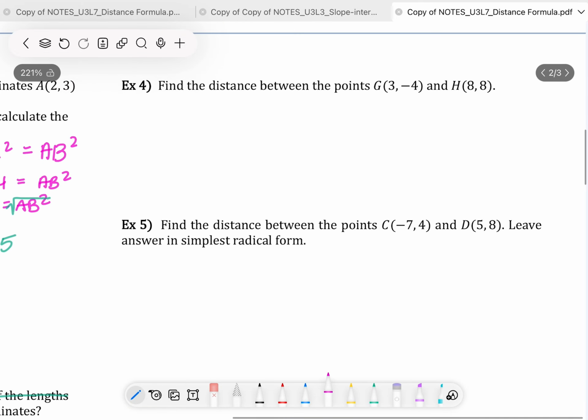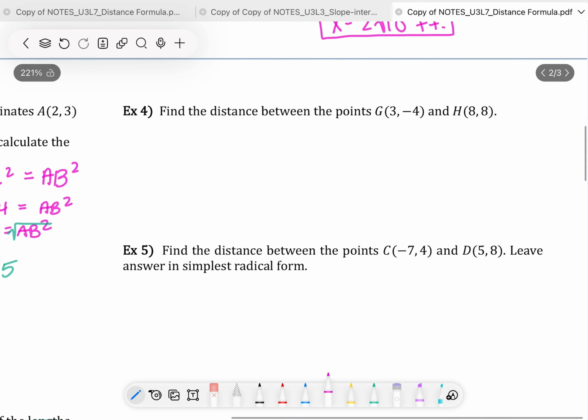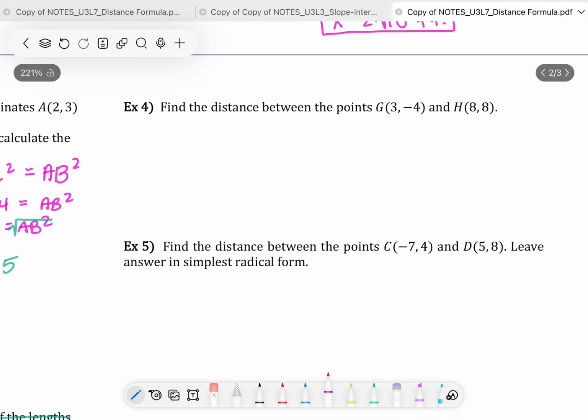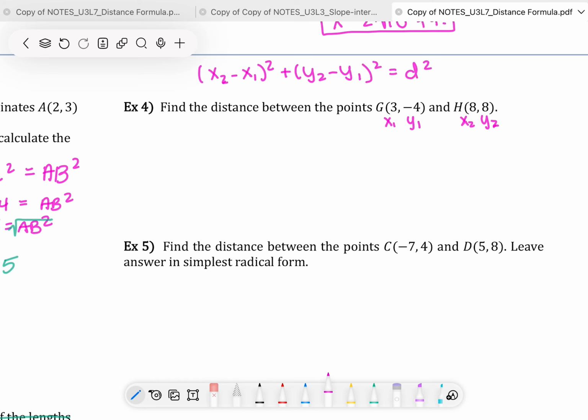So example 4: find the distance between the points G(3, -4) and H(8, 8). Okay, easy. So let's label x1, y1, just like we would with slope. Same with x2, y2. And then we are going to use our formula. Again, it's x2 minus x1 squared plus y2 minus y1 squared equals distance squared.